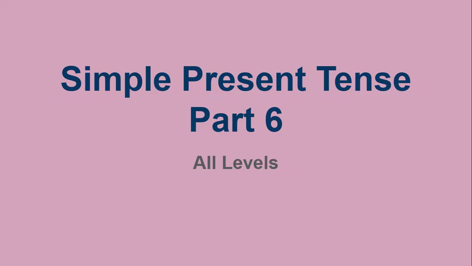In part 6, we are going to look at the simple present tense verb-to-be negative sentences. In part 5, we looked at the simple present tense verb-to-be sentences, positive sentences.